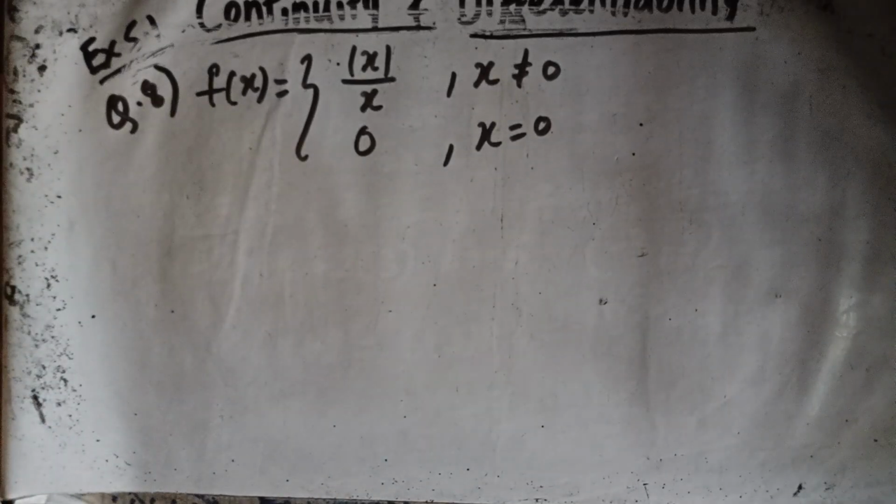Next question. f of x is defined as mod of x upon x if x is not equal to 0, and 0 if x is equal to 0. So we have to find the discontinuity points. This is mod of x, so it will be defined in two ways, right?